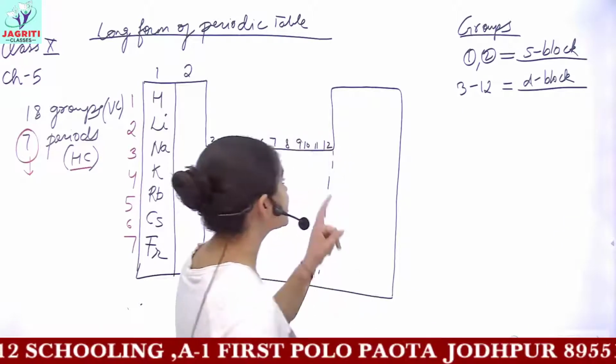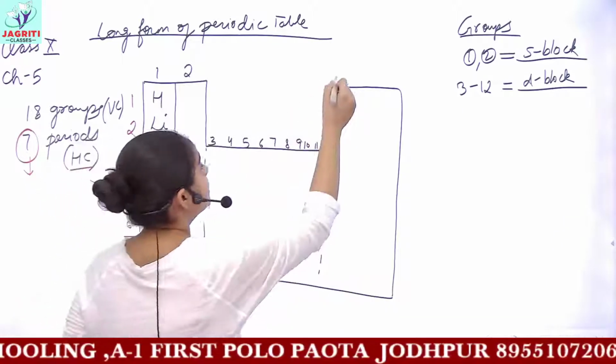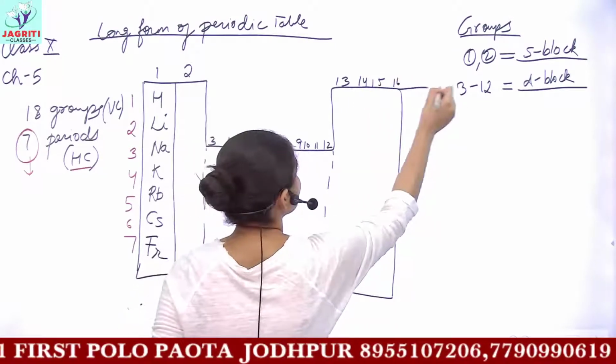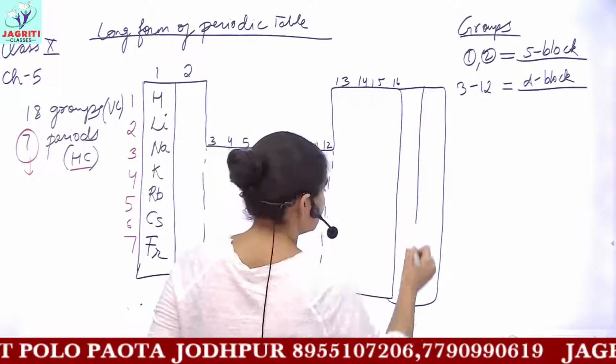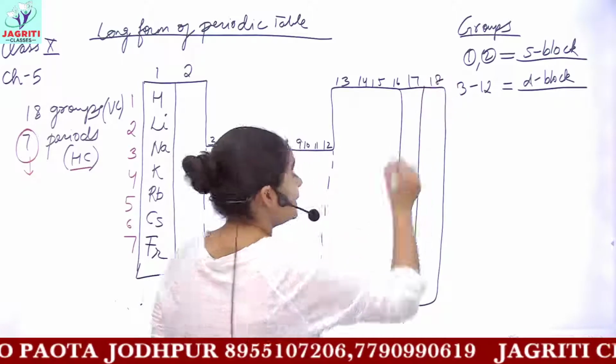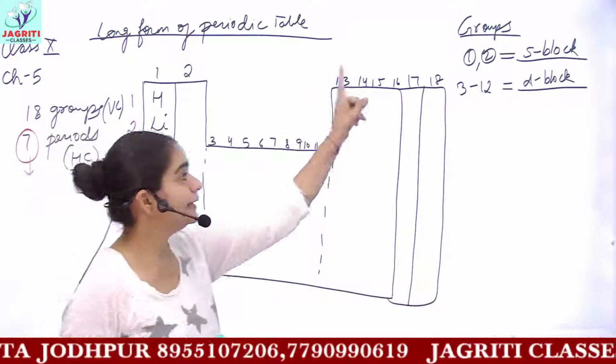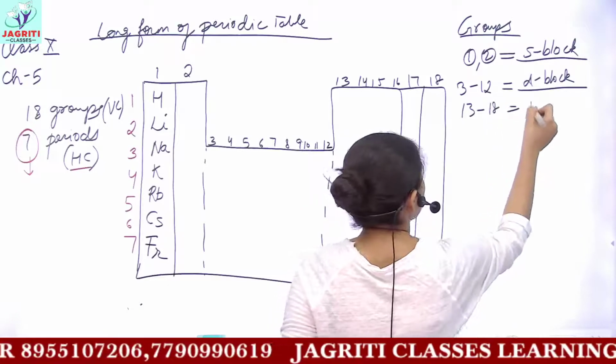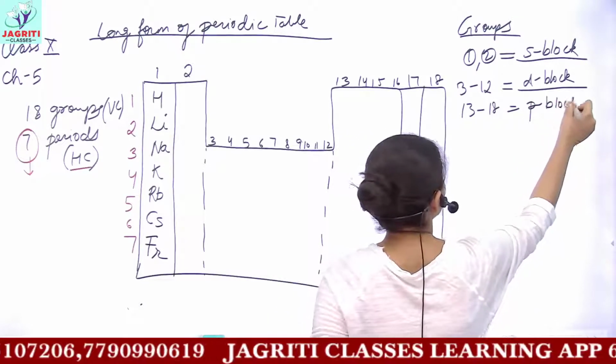Then, starting from group number 13, 14, 15, 16, then 17th and 18th, from group number 13 to group number 18, these elements are called your P block of elements.